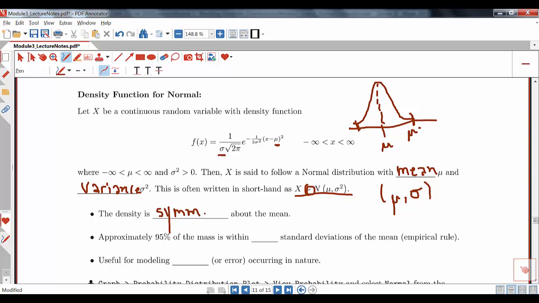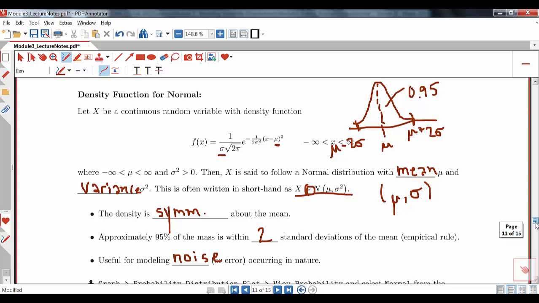So if you go to mu and add 2 standard deviations, and subtract 2 standard deviations, you have about 95% of your data. So approximately 95% of the mass is within 2 standard deviations. We use this model often for modeling noise, if you're an electrical engineer, and modeling errors of any kind. Normal is very popular for that.